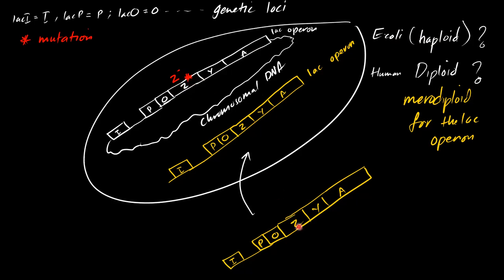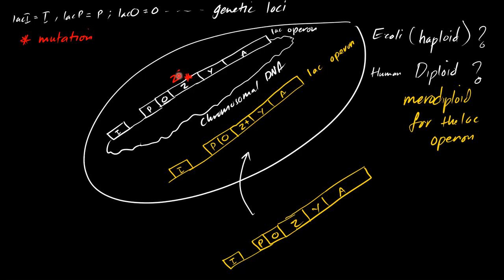This is why we introduced another copy, to determine if this mutant allele is dominant or recessive with respect to another normal allele found inside the cell. Because now we have two different alleles, this is a wild type allele, this is Z plus, and this is Z minus.